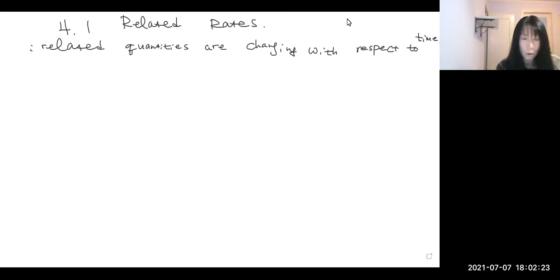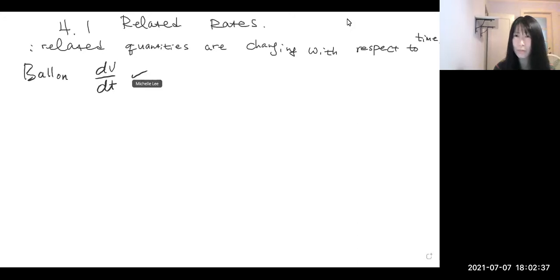Then we're gonna call it balloon. So dV over dt, the volume change with respect to time. This means, okay? And dr over dt, the radius change with respect to time.